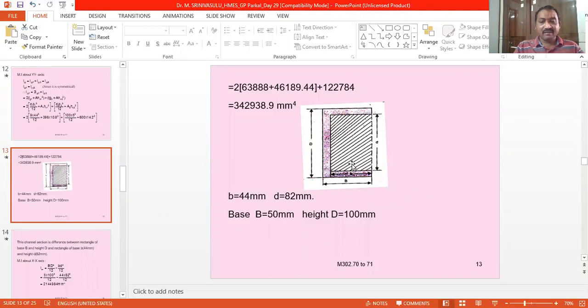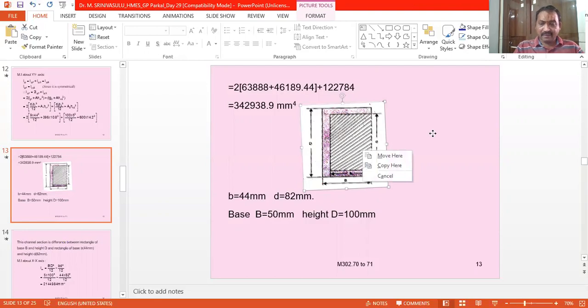Now, what is this? It is a smaller rectangle which has been cut out from the bigger rectangle. The width of the smaller rectangle is small b, and the depth of the smaller rectangle is small d.